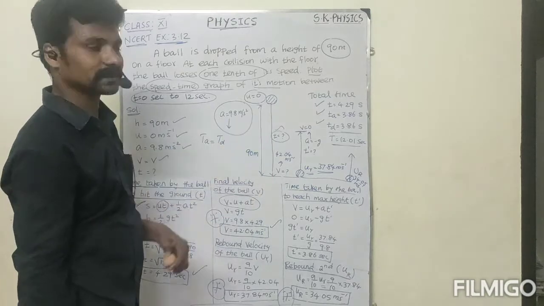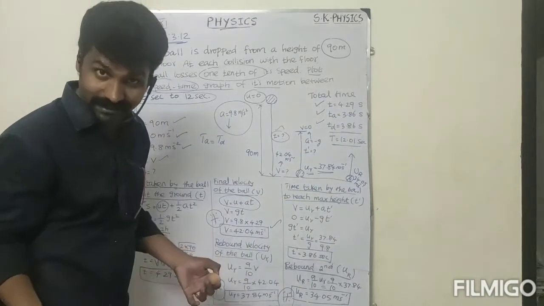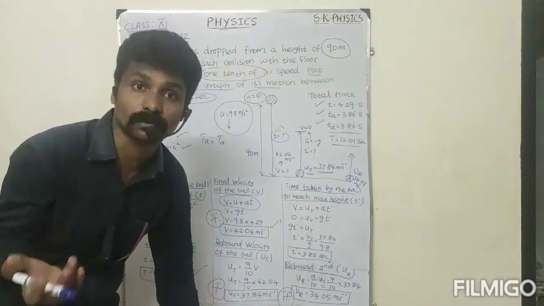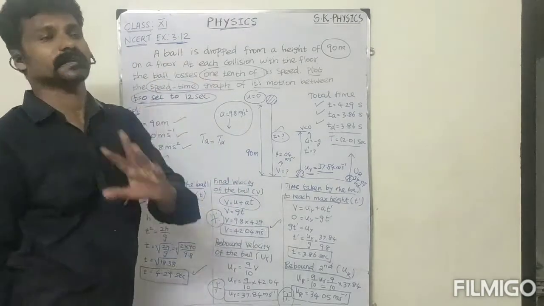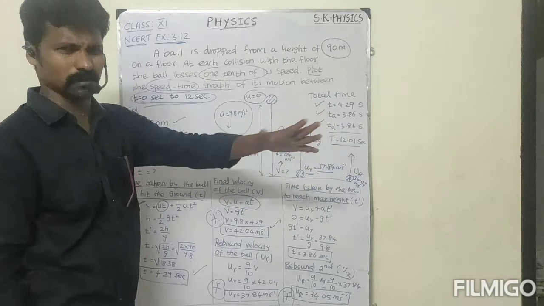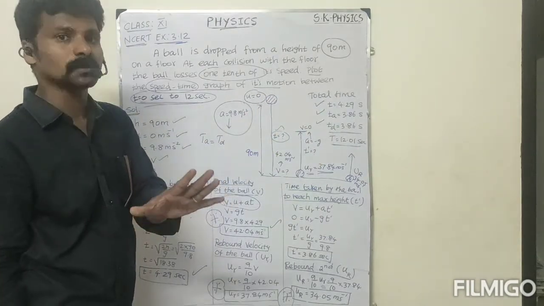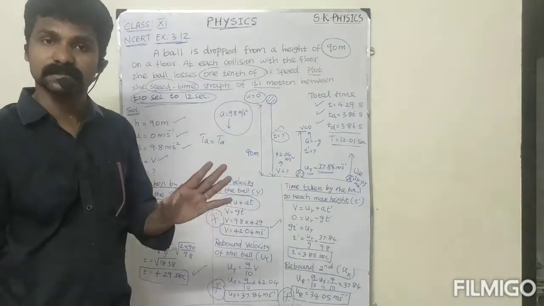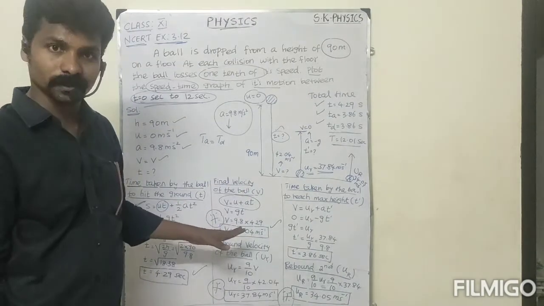Okay, now what is the total time? You must add, we can get 12.01 seconds. There is no need to calculate one more time to hit the ground, because the condition is up to 12 seconds. So this is 12.01, not much different, 12 seconds. Okay, so now we got the different velocities.